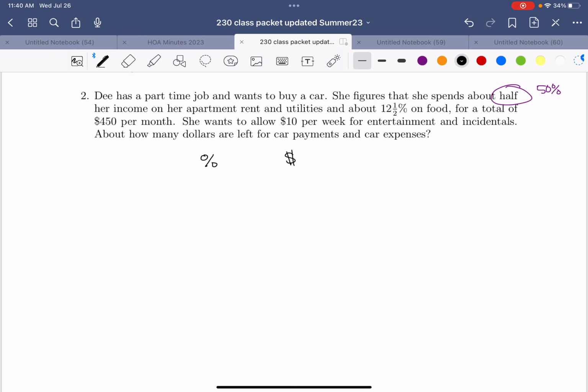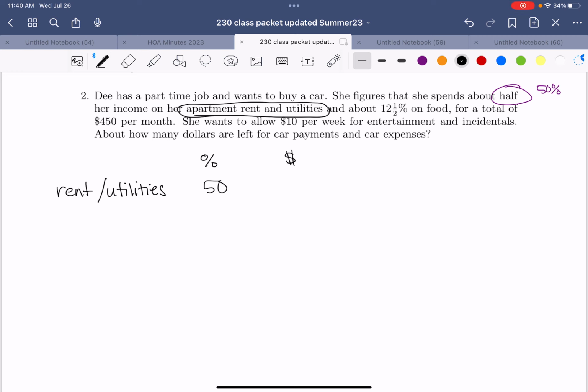Her apartment rent and utilities, these two things she's lumping together, and that's the half. So rent and utilities is going to be 50%, right? That's what they list.